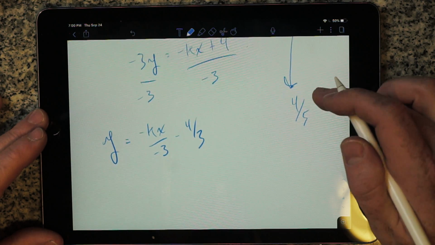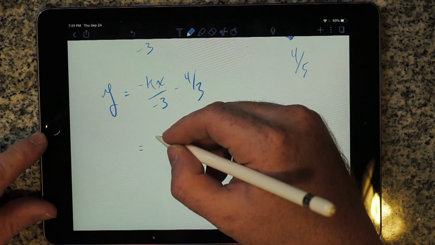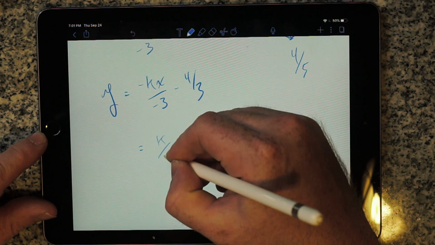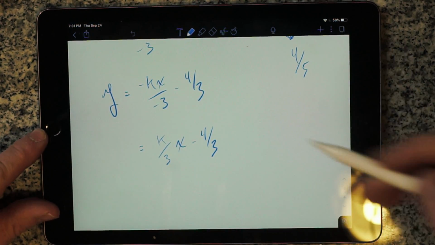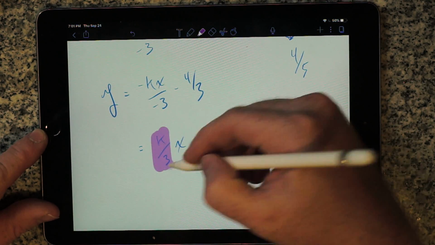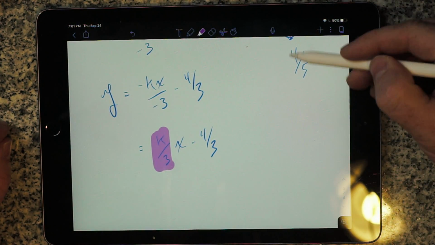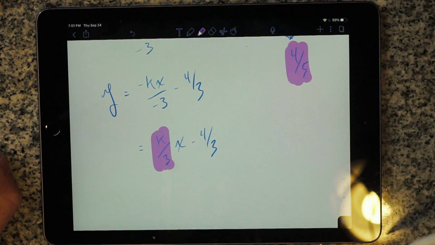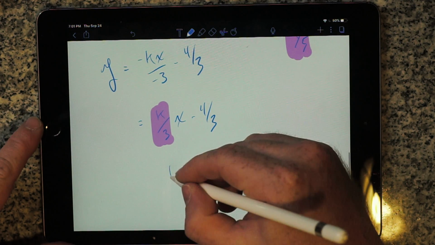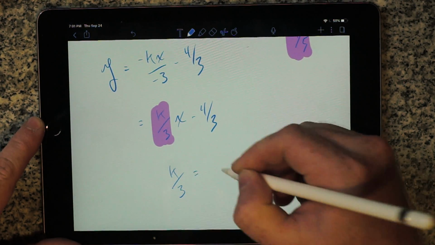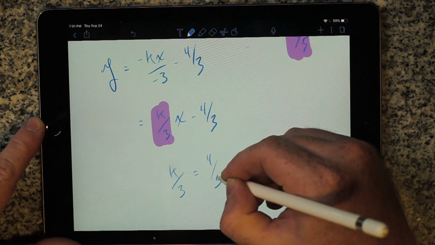So what do we do from here? So we can rewrite this as k over 3 times x, and then the rest, but it doesn't really matter. So then this becomes what we need to equal this slope for everything to work out the way we want. So what I would do at this point is set k over 3 equal to our desired slope.